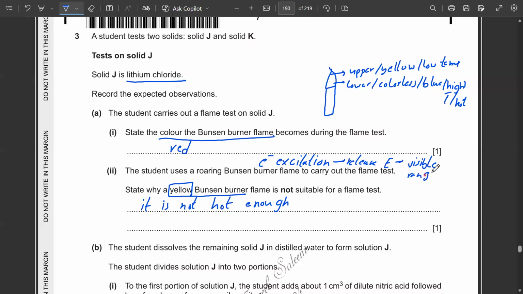So I'm not going into detail about that. At this moment, we can only tell that the yellow flame is not hot enough to provide the flame test.